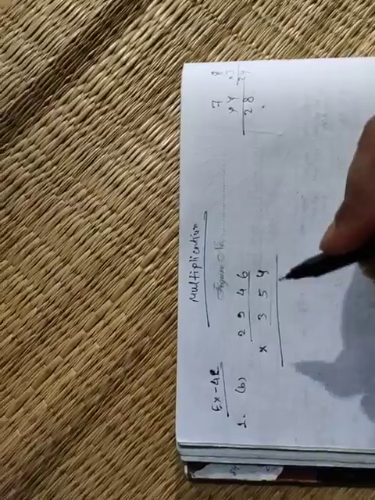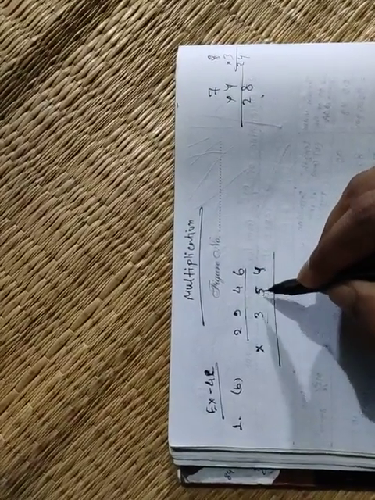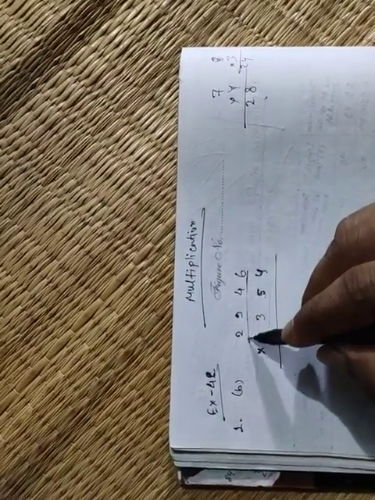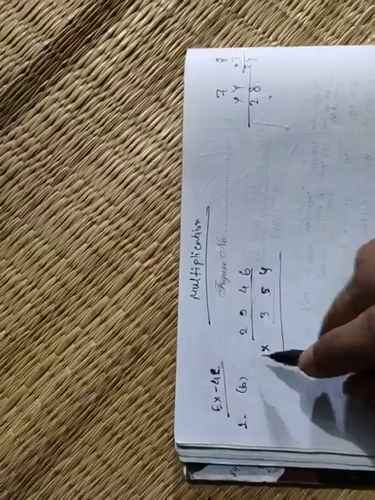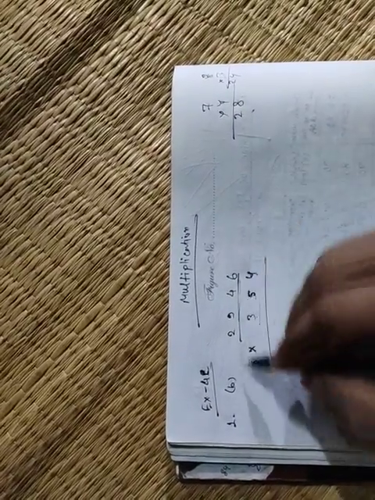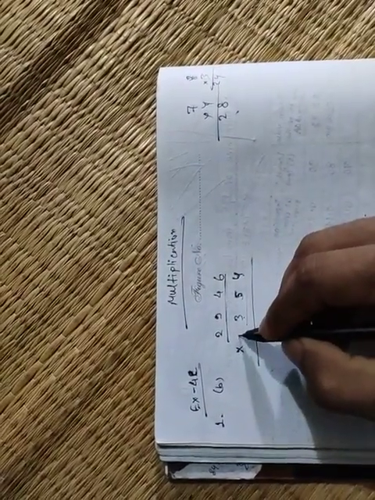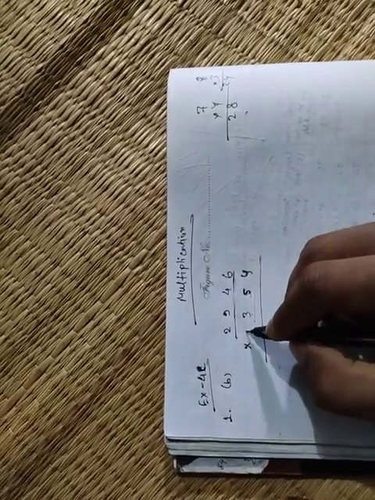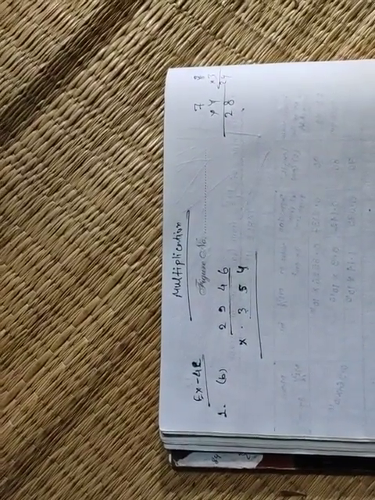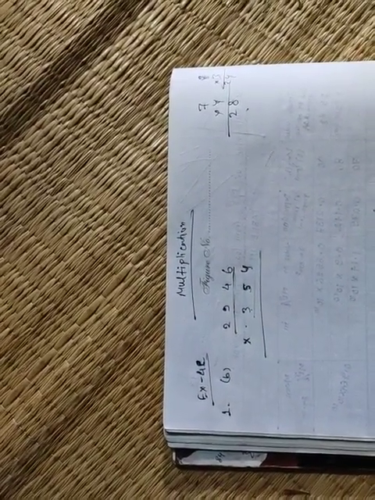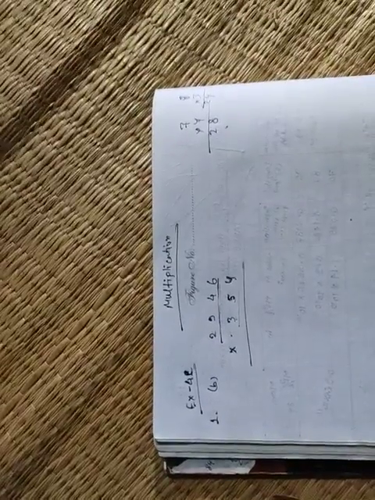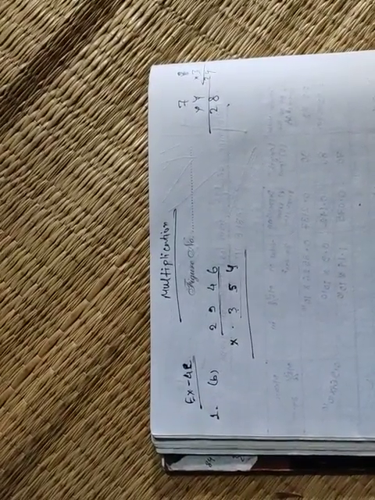In the next step you have to multiply the tens digit with all the digits, then the next digit with all the digits. Clear? That means in this multiplication we can do the sums step by step.